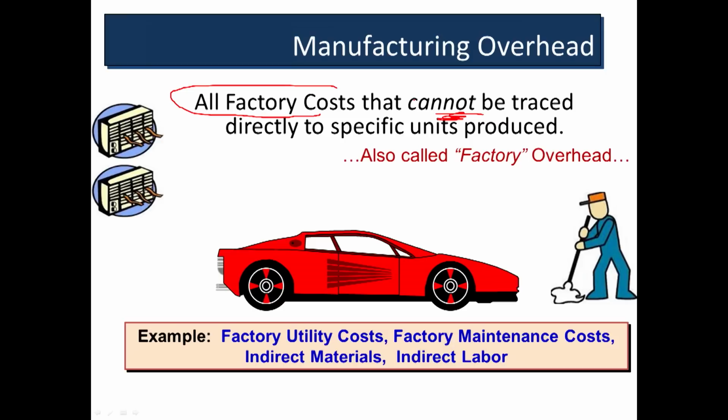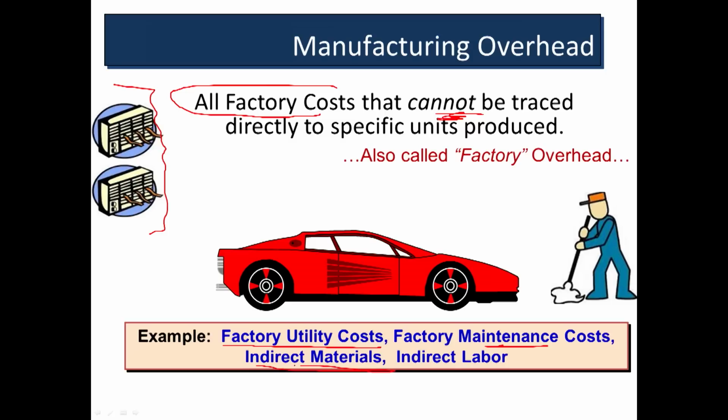These are all product costs that are not direct materials or direct labor. Some examples are factory utility costs, okay? They have to cool this factory. That would be a product cost, and it would be manufacturing overhead. Factory maintenance costs, like this guy cleaning it up. That's a factory cost, that's a product cost. He's not assembling the product, so it's not direct labor, it's not direct materials, so it's got to be MOH.